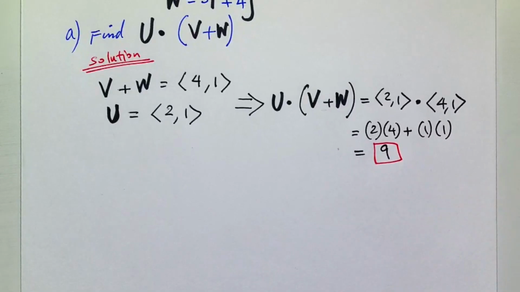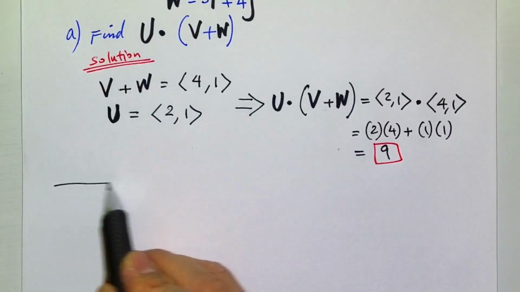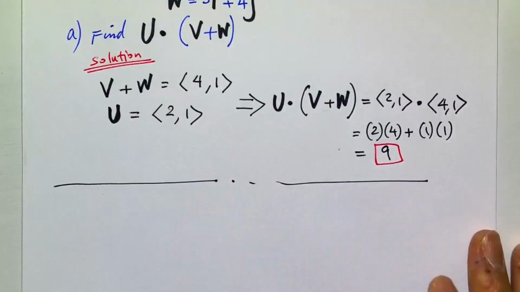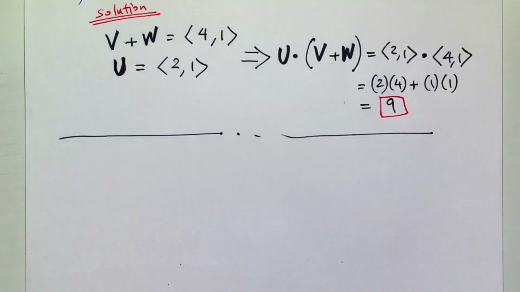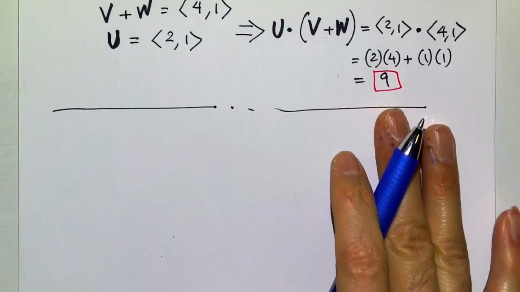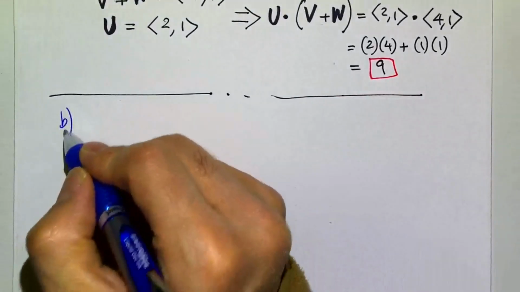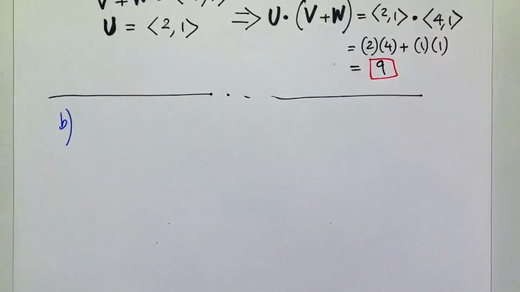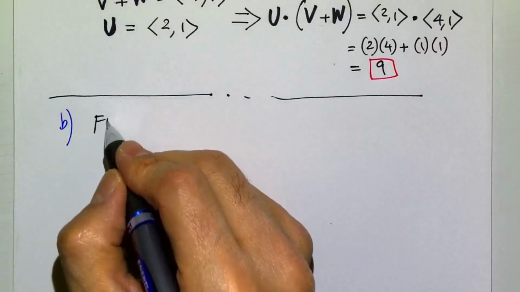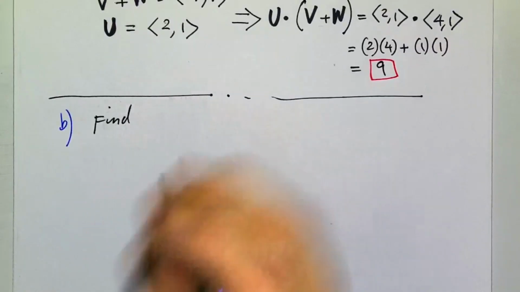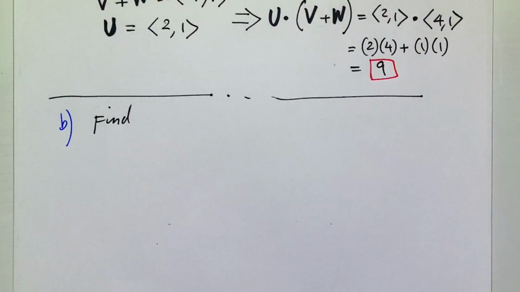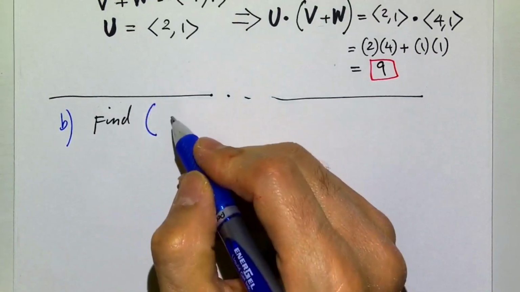Let's do another example of the same kind. So part B, suppose we want to find, given the same three vectors, by the way. I'm going to write them down so we can look at them on the screen. So find this result.